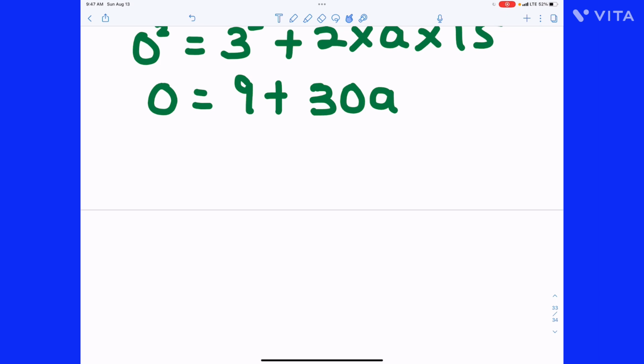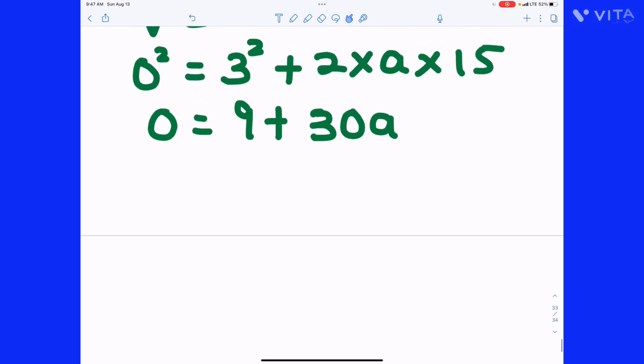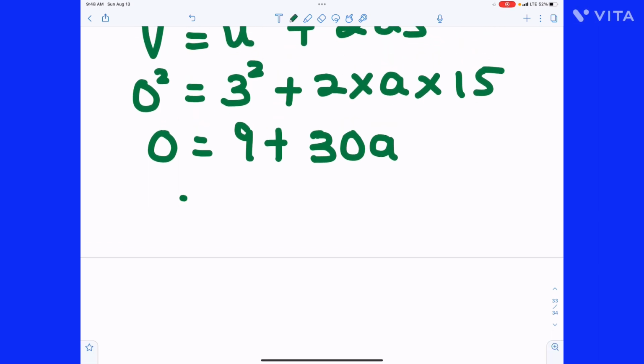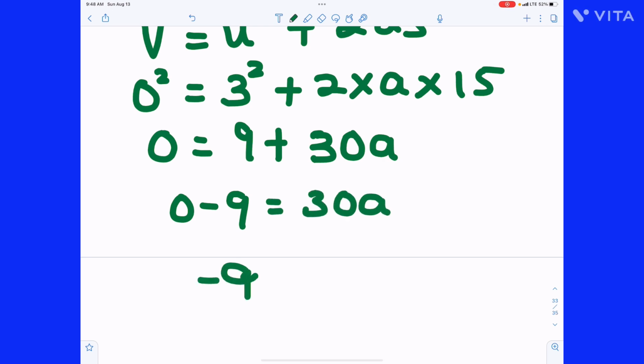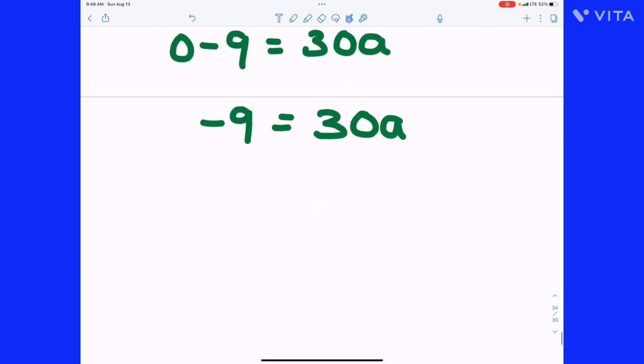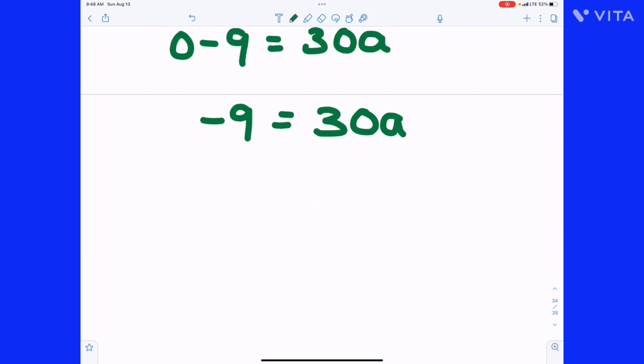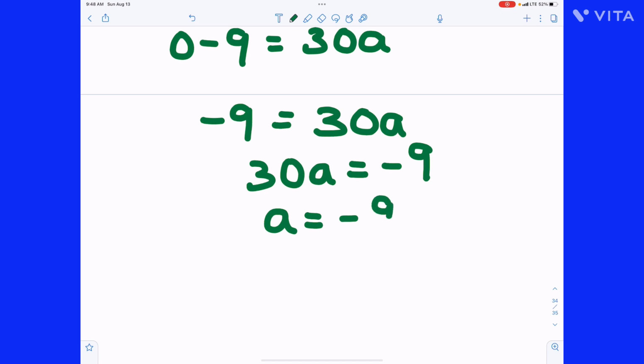Now, 0 minus 9 is equal to 30A. That means minus 9 is 30A. What does this give you? You do it very well. 30A is equal to minus 9. A is minus 9 over 30.